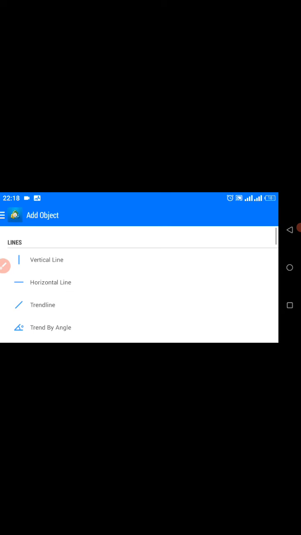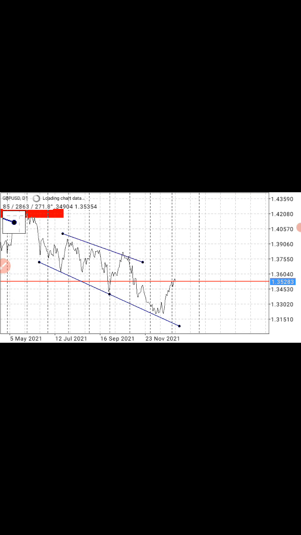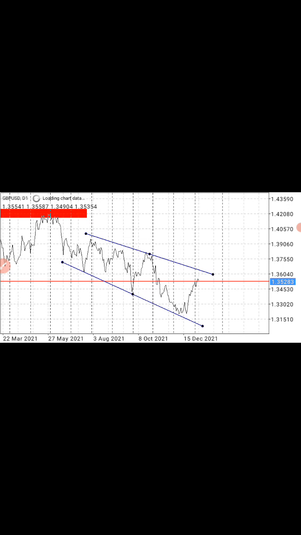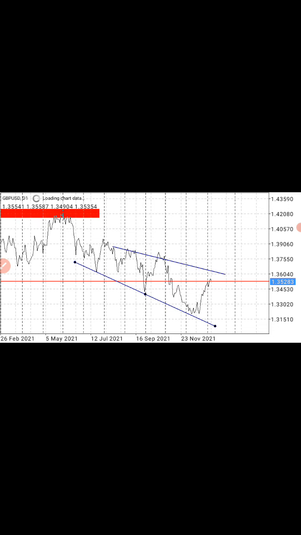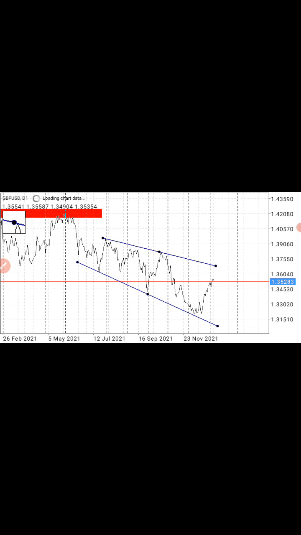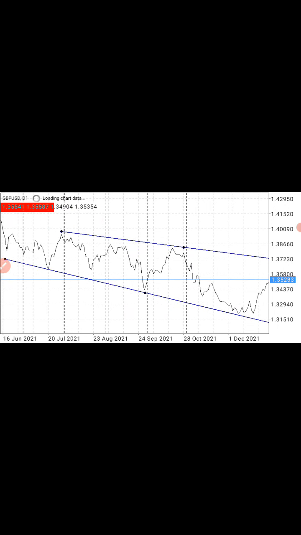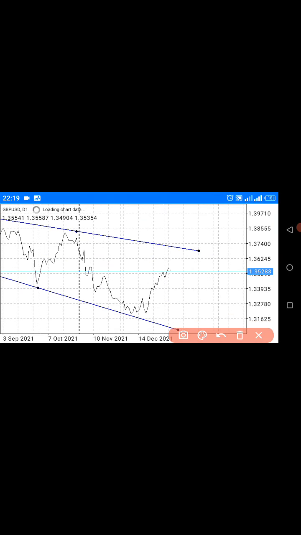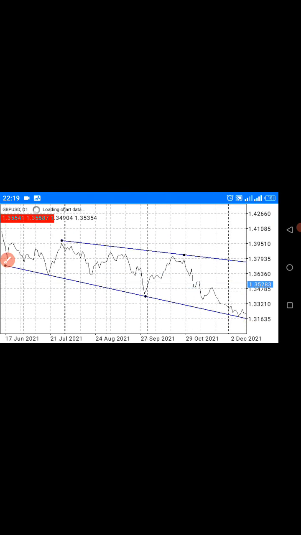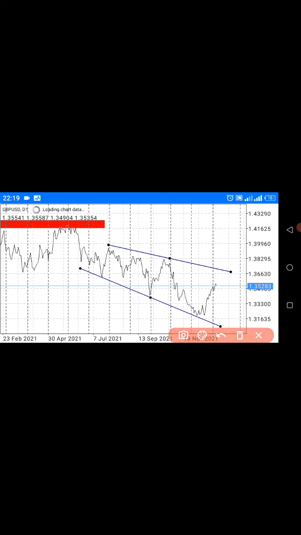If you start looking at this movement now, we see here some little double touch, some little one here, and even a little one here.